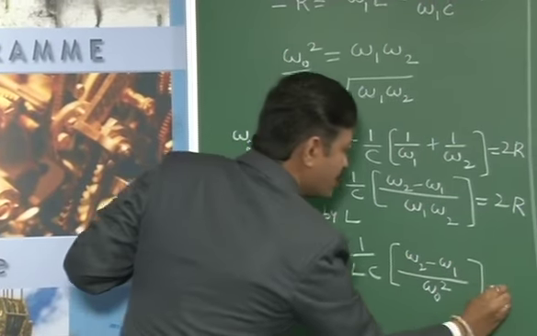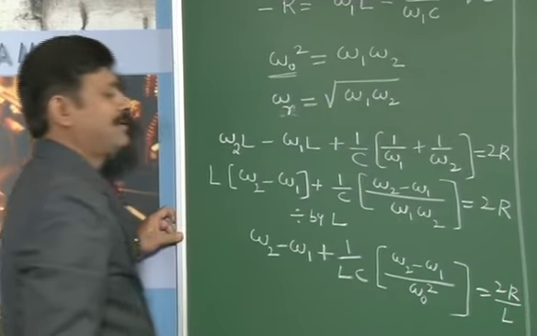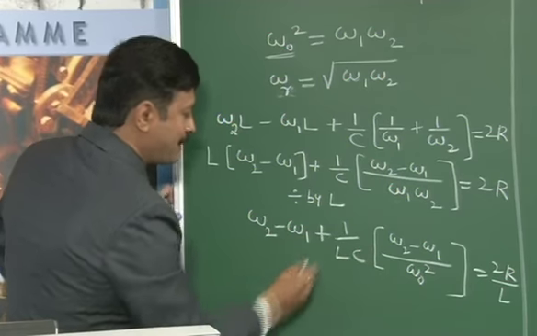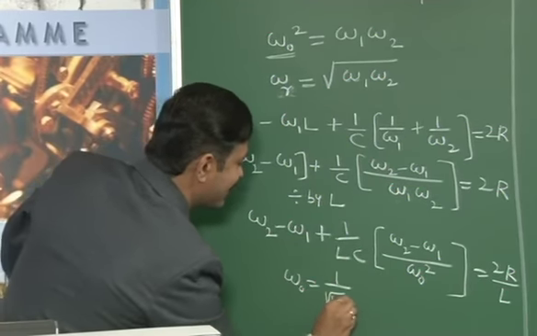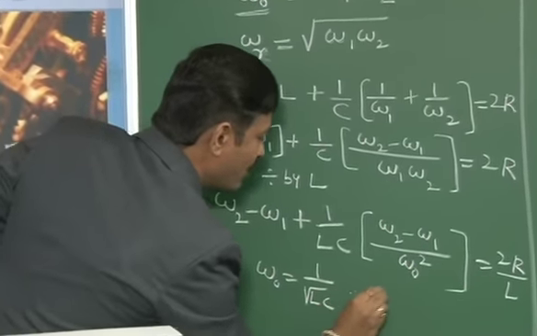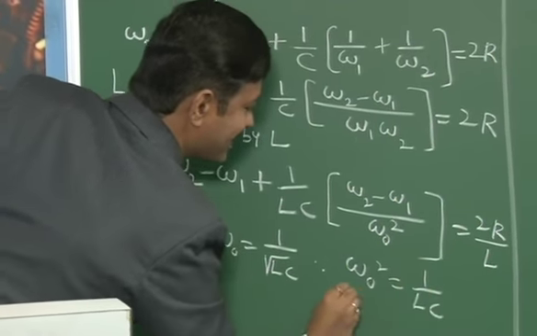This is equal to 2R by L. Later, this 1 by LC: we know the expression omega naught is equal to 1 by root LC. If you square this expression, omega naught square will become 1 by LC.